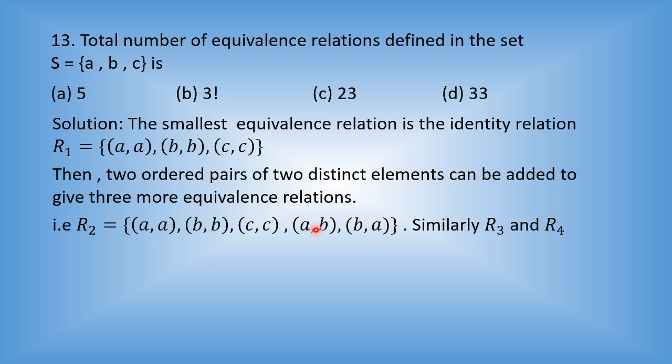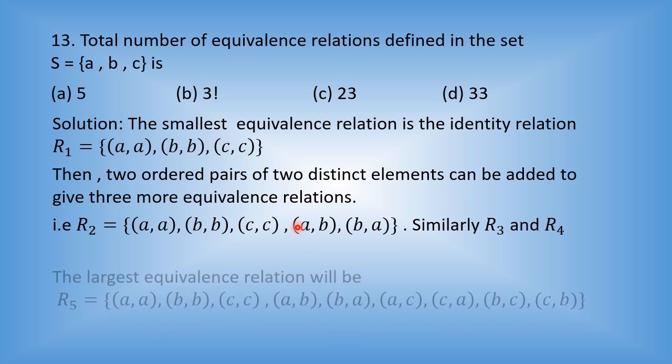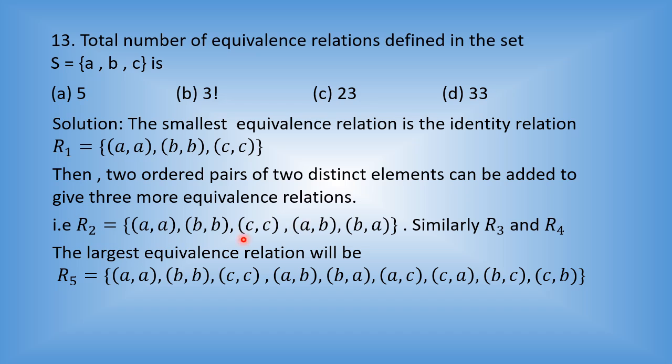So these are the three relations. This shows they are equivalence relations. And there is one more relation, the largest equivalence relation, which will contain the union of R2, R3 and R4: (A, B), (B, A), (A, C), (C, A), (B, C) and (C, B) here.